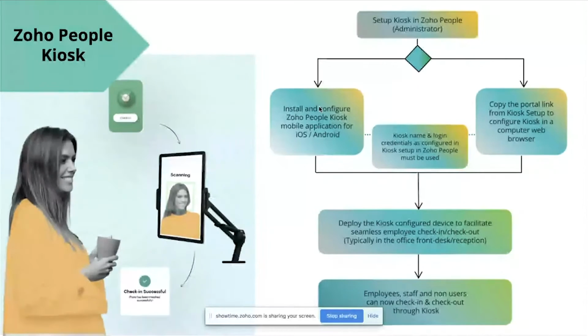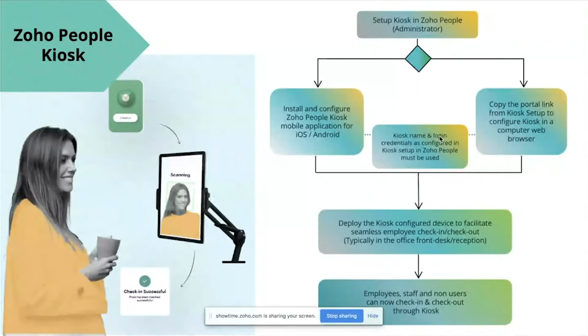And like I mentioned, there are two ways you can access this. One is the Zoho People Kiosk mobile application, available for both Android and iOS, or you can simply copy and paste the portal link and access it via your web browser on your laptop, your computer, or any tablet.